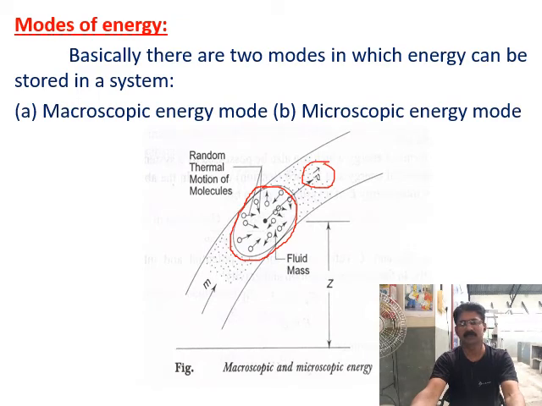Suppose you are going for the microscopic energy mode, then you have to consider each and every individual molecule within that packet. It consists of n number of molecules, and for each molecule you have to find out its velocity and its height from the reference point, and independently find out its kinetic energy, potential energy, along with other energy terms also.